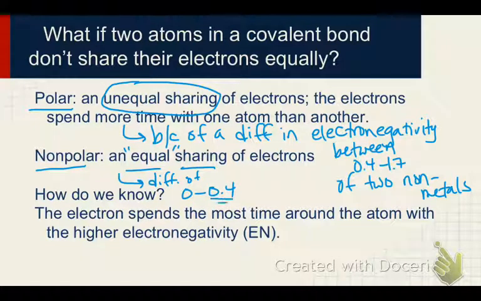So it can have a small difference, so it can be slightly unequal, but it's such a small difference that the atoms don't really notice. So if it's between 0 and 0.4, we're going to think of that as sharing equally. If it's bigger than that, 0.4 to 1.7, that's going to be considered an unequal sharing. And the electron is going to spend the most time around the atom with the higher electronegativity.